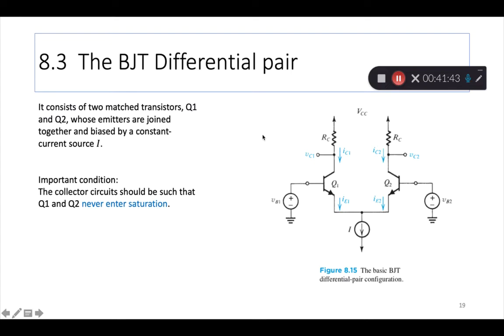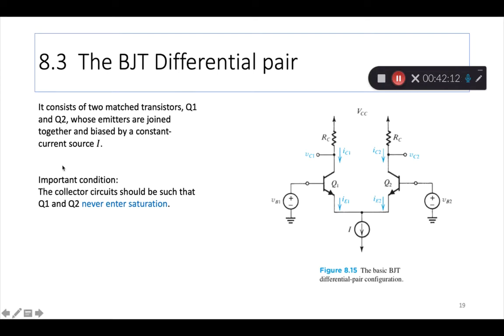Also, these are high beta devices so that the output resistance can be ignored for the moment. And based on that, we'll do a little bit of analysis to understand what's going on with the BJT. The important condition, remember we had a similar important condition that MOSFET should never enter the triode region.